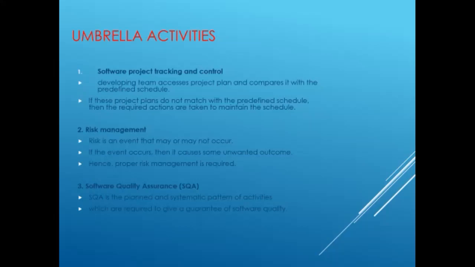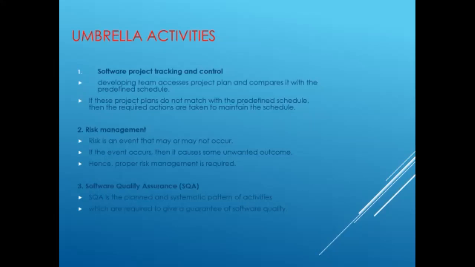Number two is the risk management activity. A risk is an event that may or may not occur. If the event occurs, then it causes some unwanted outcome. Hence, proper risk management is required.